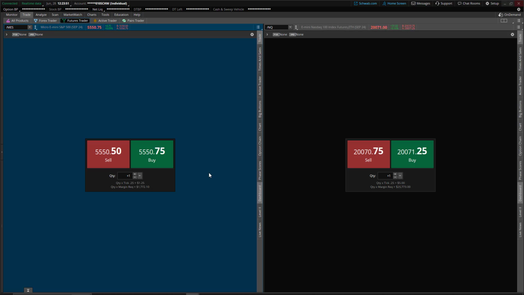If it goes against me, every tick is what it's called, I am going to lose $1.25. Like 4 quarters in a dollar, there is 4 ticks in a point. Every point that it moves my direction or against me is going to be a $5 move. If I'm looking at something like ES, if I pull this up, every 0.25 move is going to be $12.50, or every point is going to be $50.